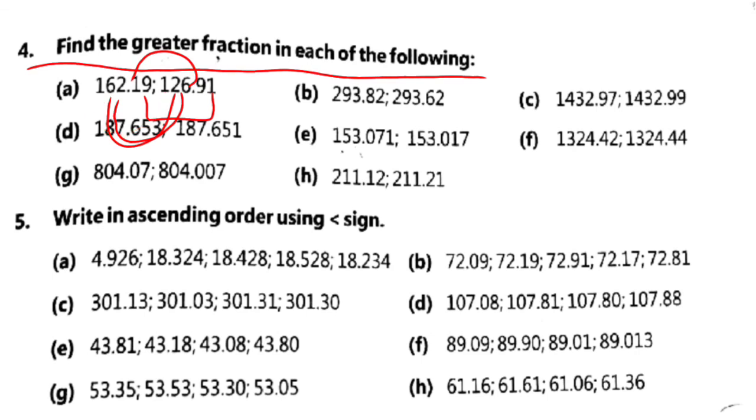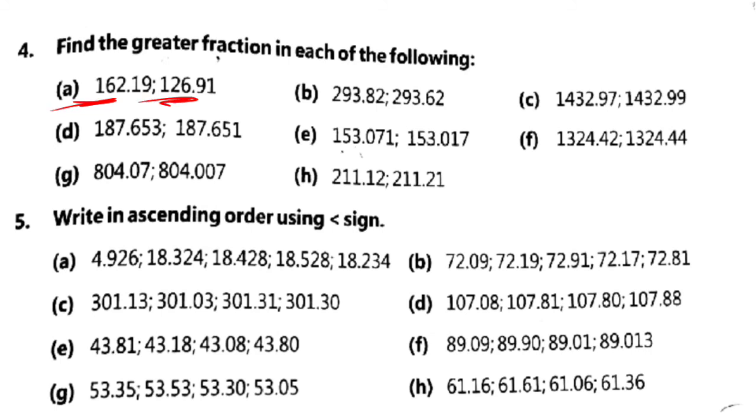But in this example simply we can find out this is 162 and this is 126. So as you are comparing the whole number, simply you can find out 162 is greater than 126. So this number is greater. Okay, and another example, if the same are given here like 293, then you will compare these values. 2 equals 2 and 8 is greater than 6. So 8 is greater than 6, then this number is greater than this number.